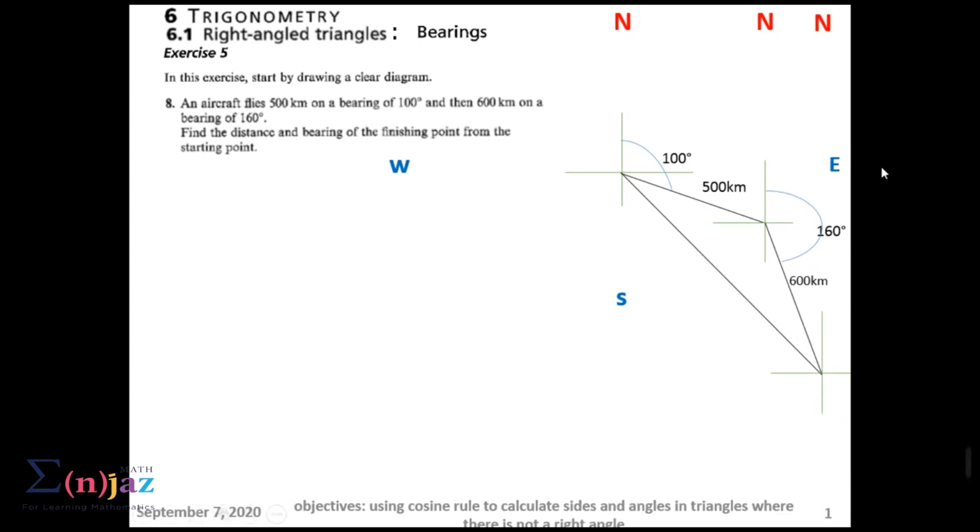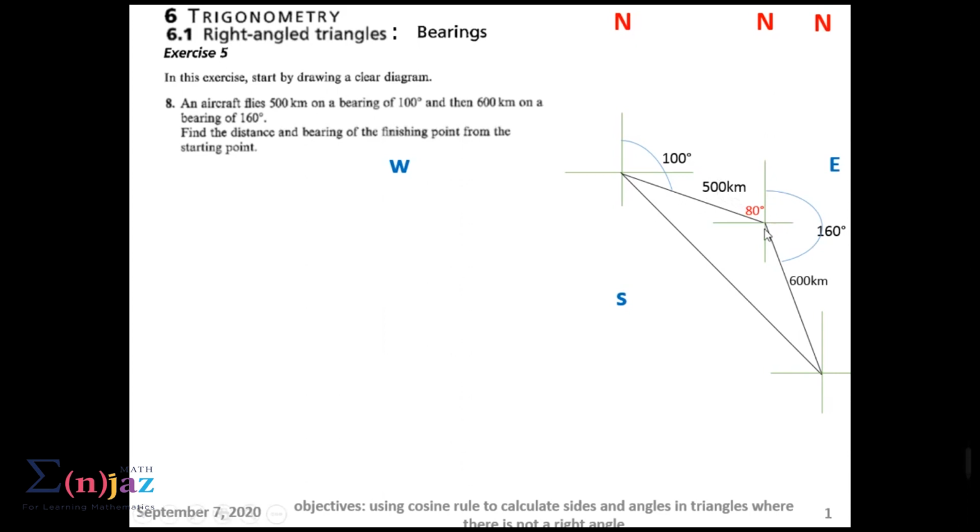If I look here, I would like you to find any angle based on the given angles. The given angles are 100 and 160. So this angle is 80. Why? Because if we go back to angles in parallel lines, we're going to apply those rules.